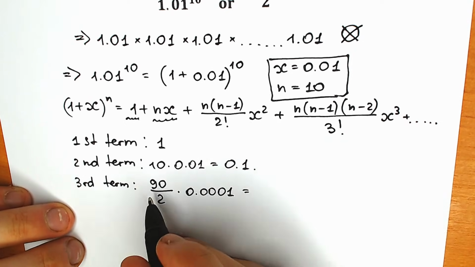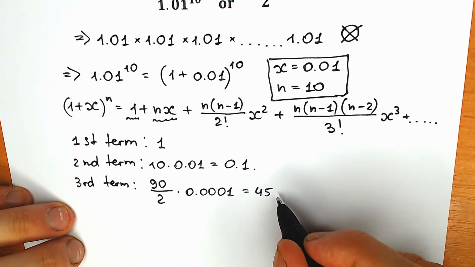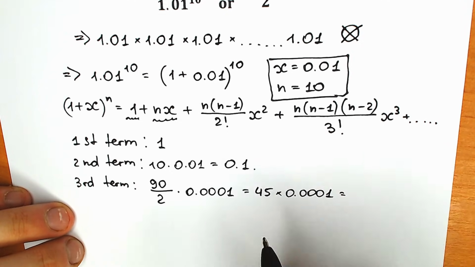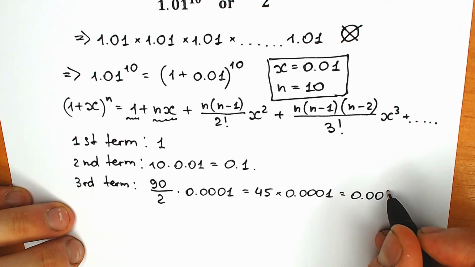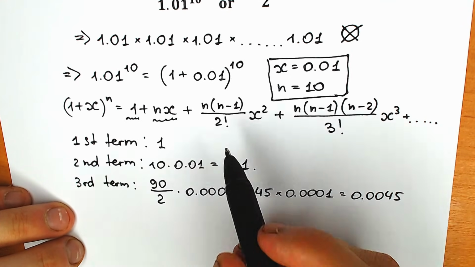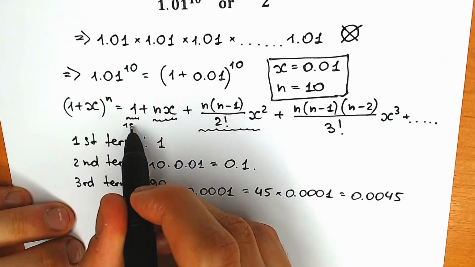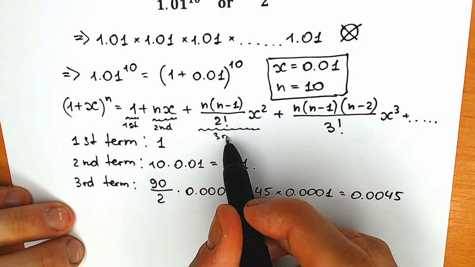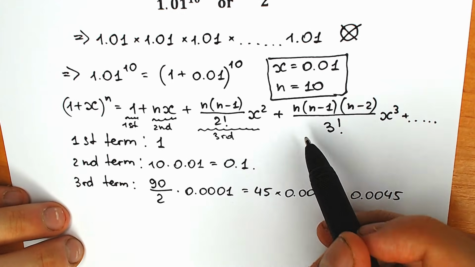Then 90 over 2 is equal to 45, and times 0.0001, when we multiply it, we have 0.0045. So this is our third term. Let's underline it: this is our first term, this is our second term, this is our third term, and of course for better accuracy let's find our fourth term.